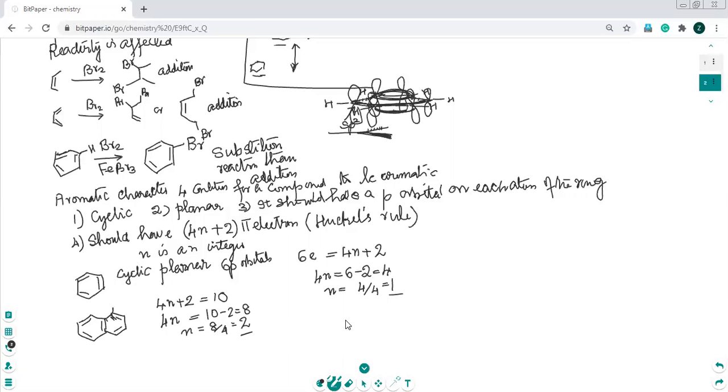Suppose you look at this molecule. What is this molecule? It's a diene with 4 carbons, so it is cyclobutadiene.